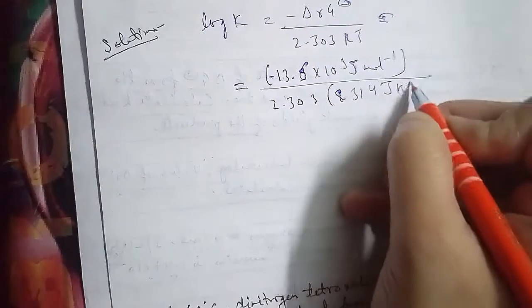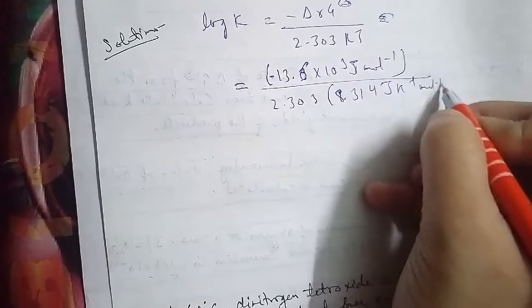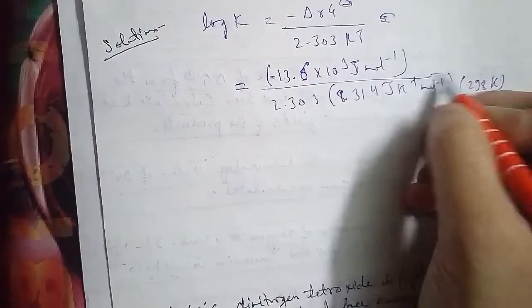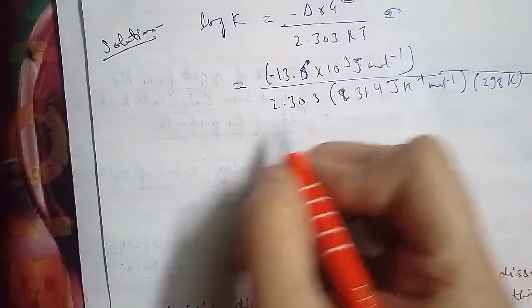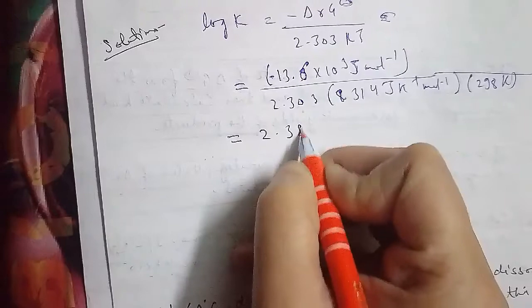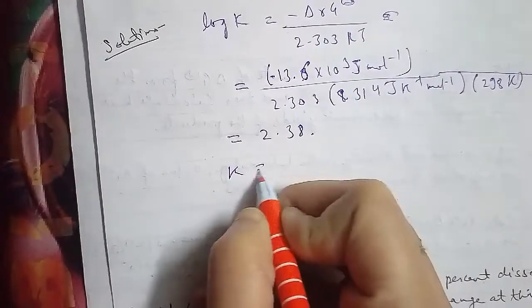While solving this we'll find log K is 2.38, and hence K is the antilog of 2.38, which is 2.4 into 10 to the power 2.